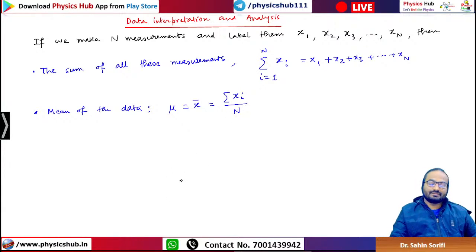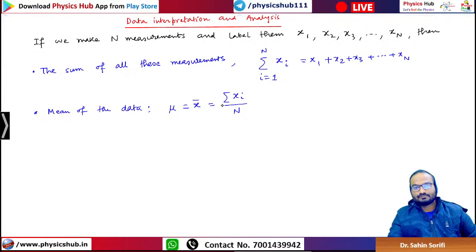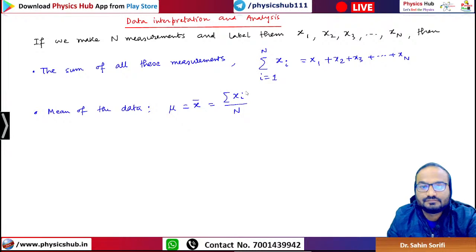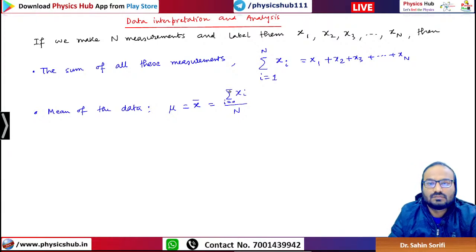So this is the mean value of the data, with i equals 1 to n.